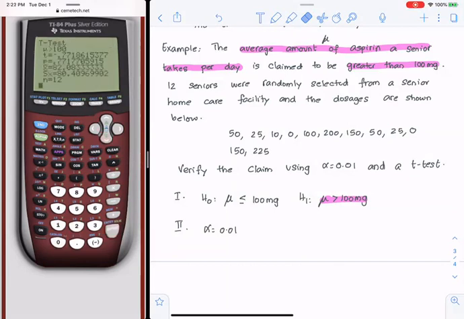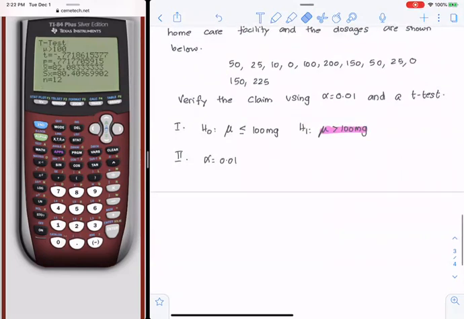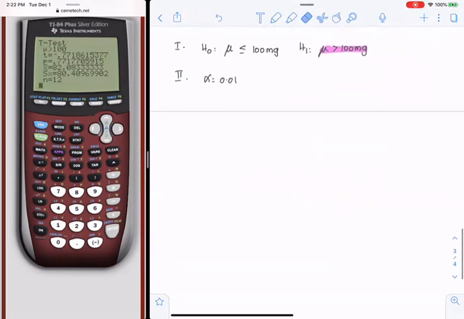That works. So the test statistic is negative 0.7718, and the p-value is 0.7717. We have the mean and the standard deviation. So I'm just going to use the mean and standard deviation that I see in my step 3.